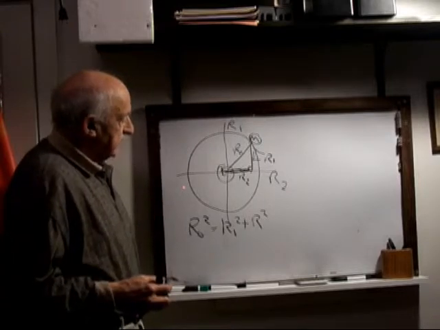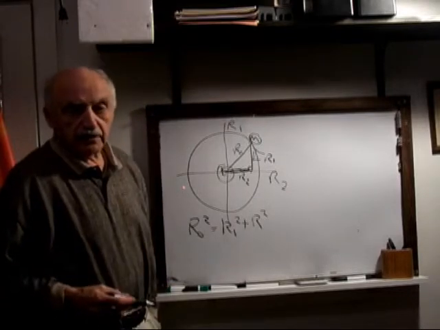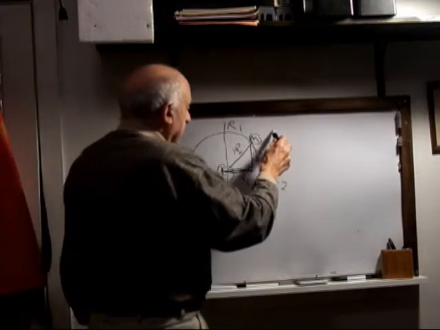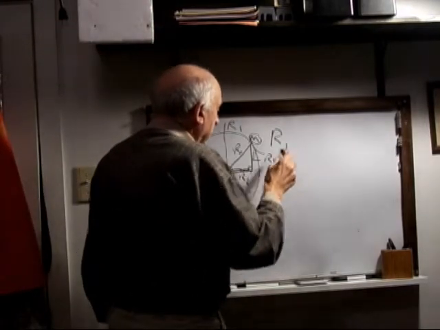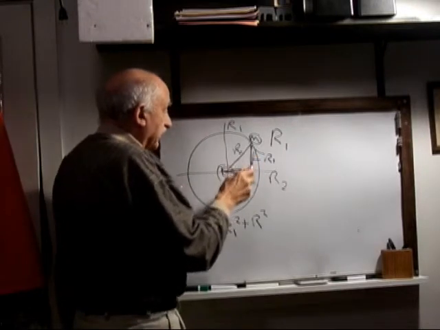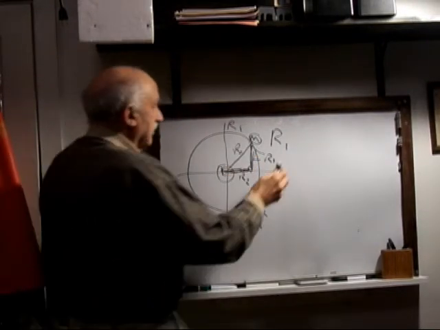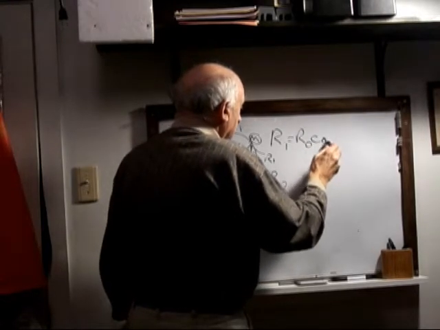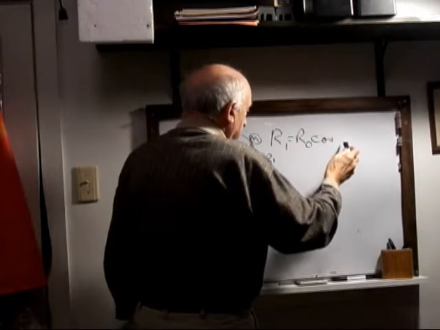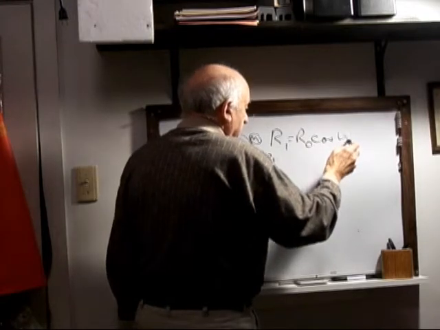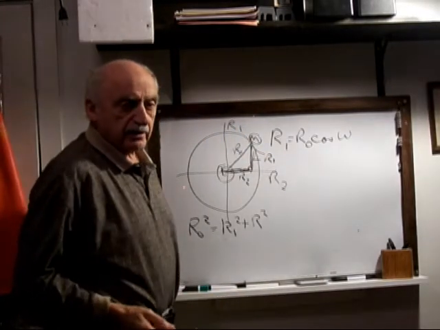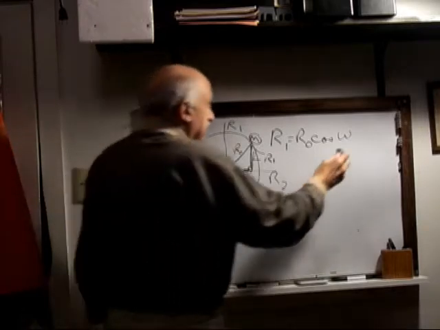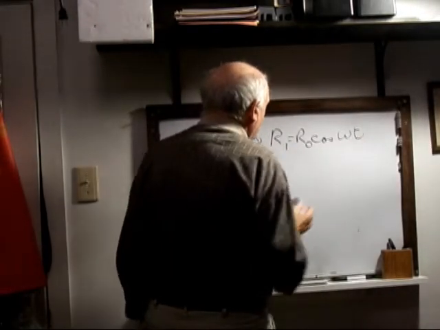Now, this means that if you take the movement in time of the Moon, the value of the R1 coordinate is equal to R0 times the cosine of the frequency, which we usually draw with the lowercase omega Greek symbol, times time.